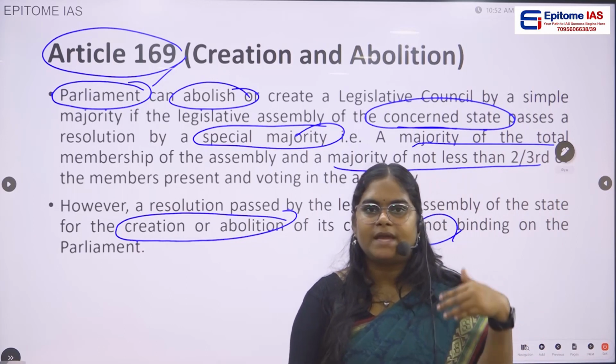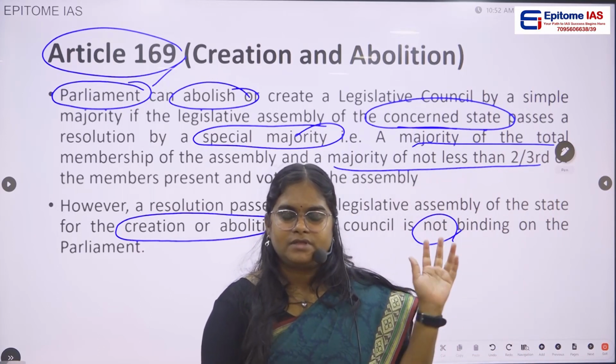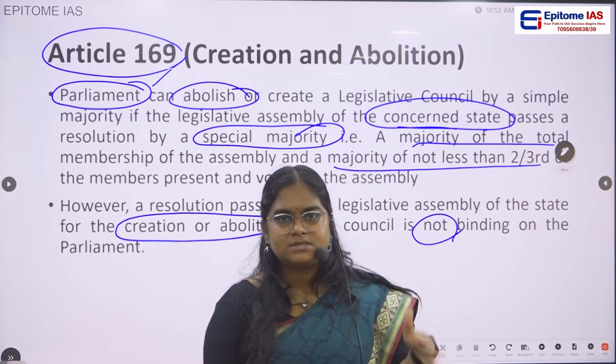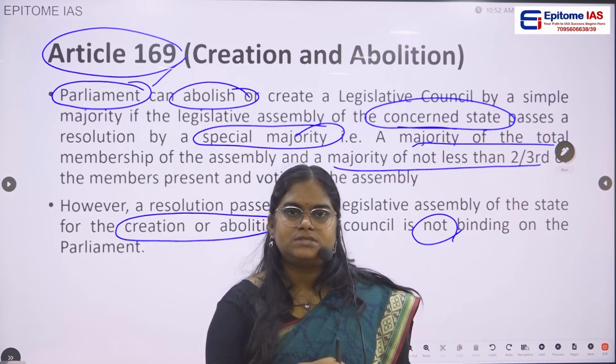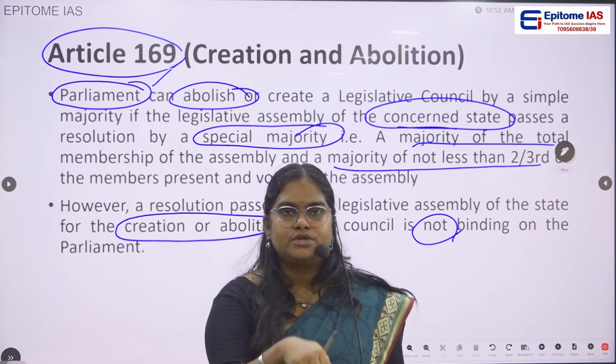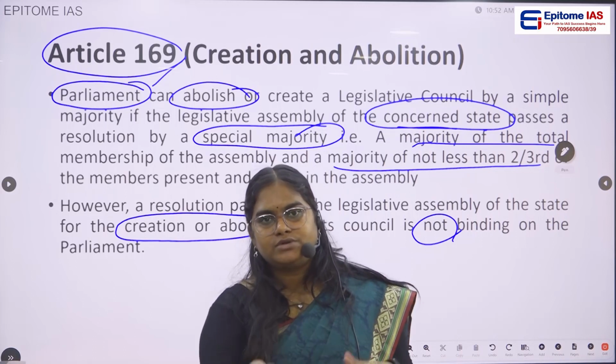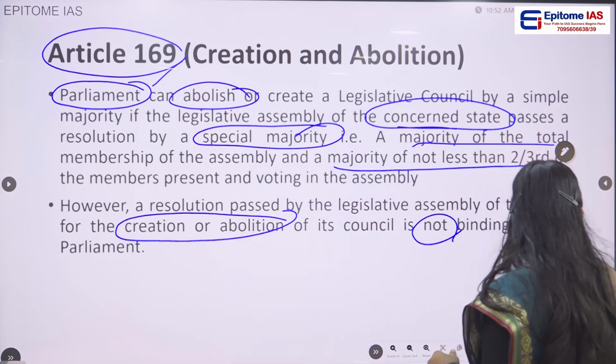Even if the state legislature passes the resolution, it is not binding on the parliament whether to create or to abolish the legislative councils.